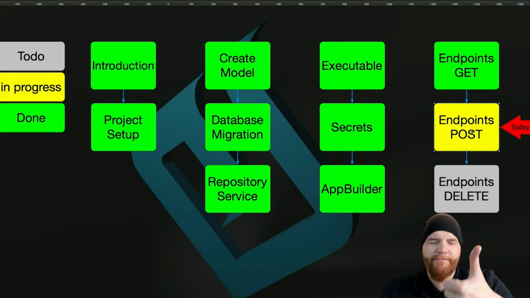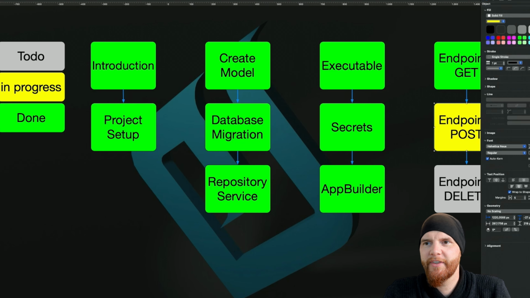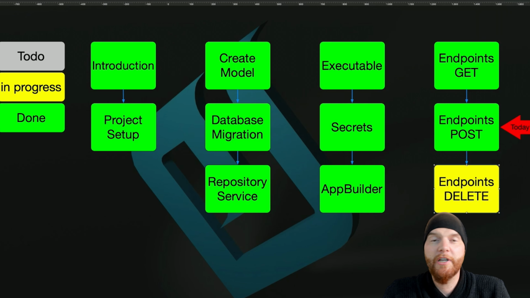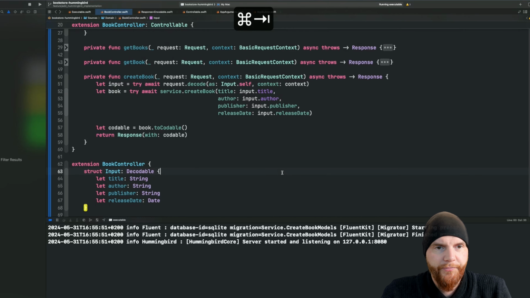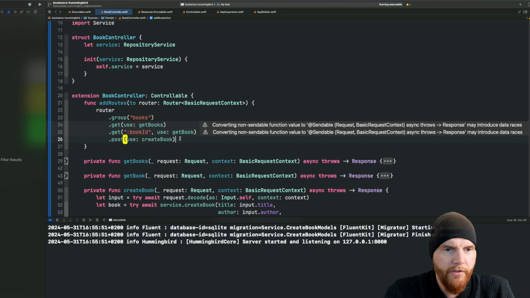I don't think there's much else to do than to look at our roadmap. Post endpoint, done. Okay. And since this one was already pretty easy, let's do the delete part as well, because that's going to be even easier. Okay, so what do we need?